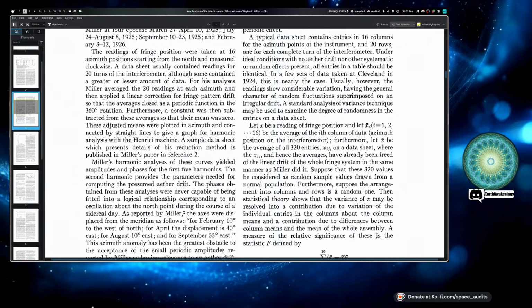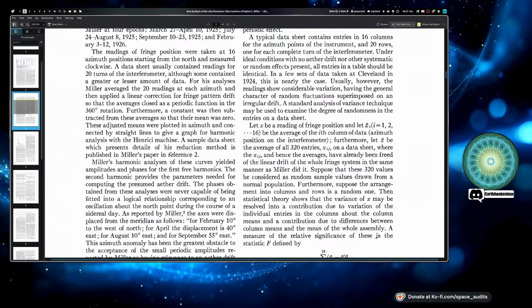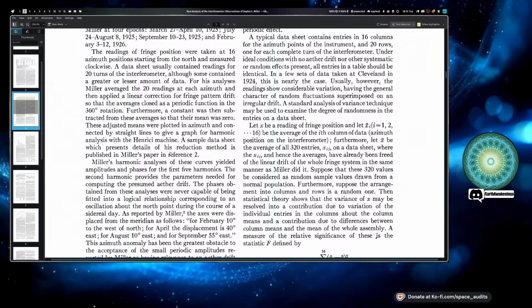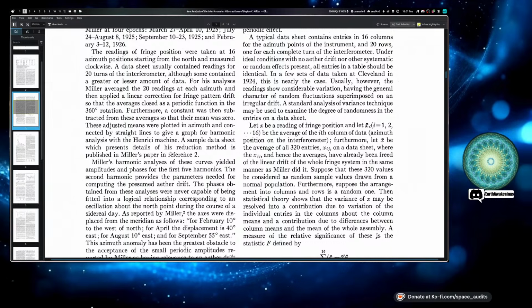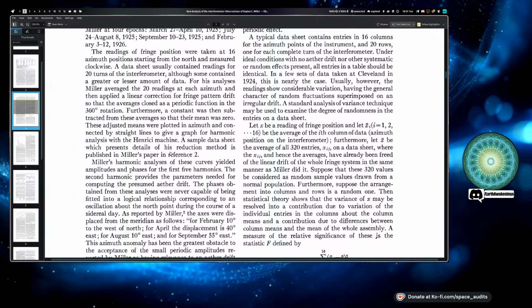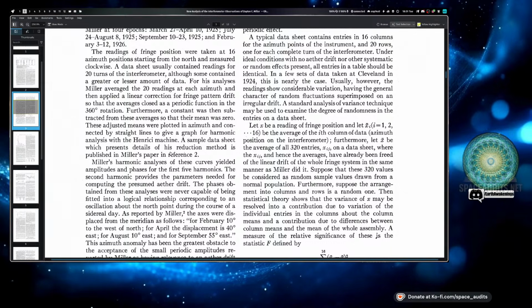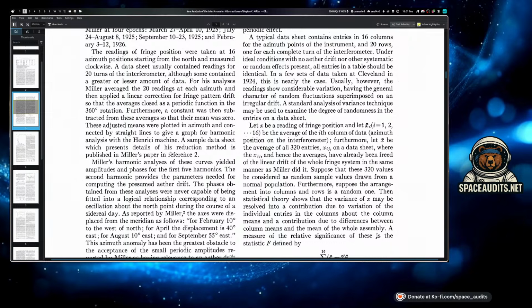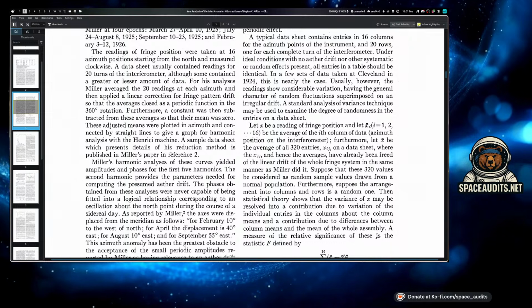Suppose that these 320 values be considered as a random sample drawn from a normal population. Furthermore, suppose the arrangement into the columns and rows is a random one. Statistical theory shows that the variance of X may be resolved into a contribution due to the variation of the individual entries of the column and the column means, and a contribution due to the differences between the column means and the mean of the whole assembly.